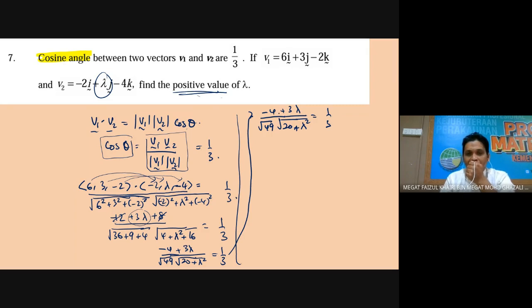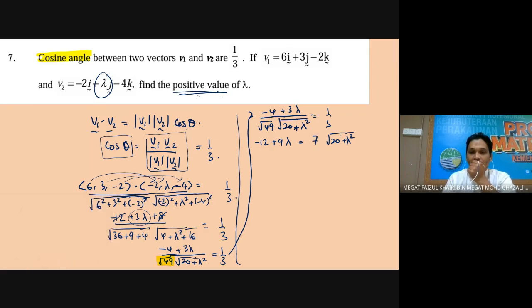So negative 3 times negative 4, negative 12, plus 3 times 3, 9 lambda, equals all this times 1 square root of 49 and square root of 20 plus lambda squared. I forgot something, class. Because square root of 49, I can just replace it with 7, right? I replaced it with 7 here.